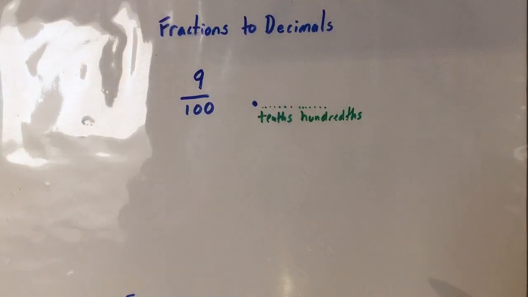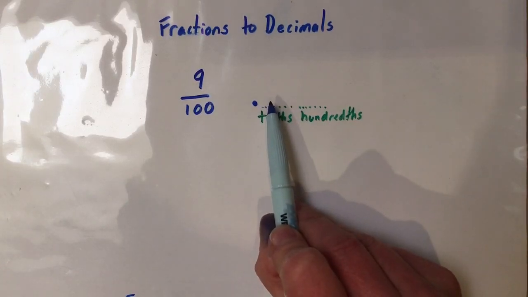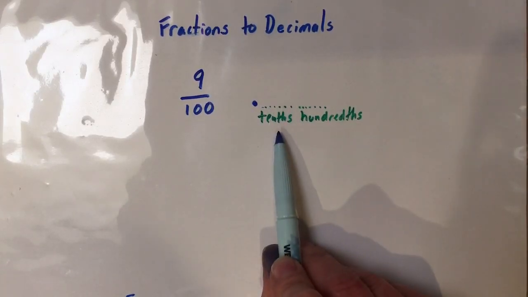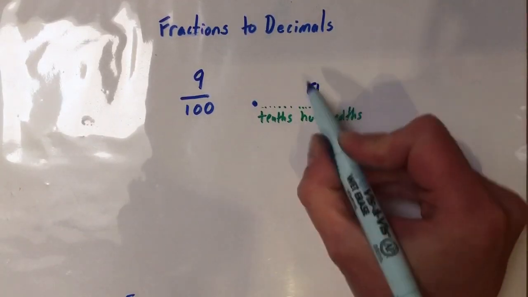So I have 9/100ths. I have to do a little bit more thinking this time than the tenths, because if I put the 9 here, what number will that say? It'll say 9/10. My 9 has to sit in the hundredths place.